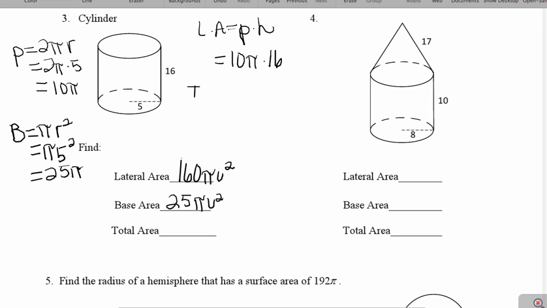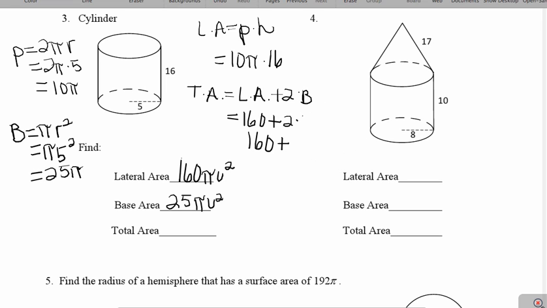To calculate the total surface area of this cylinder, since there are two bases, I need to make sure that I take that lateral area and add the area of two of the bases. So I have 160 plus 2 times the area of the base, which was 50, or 160 plus, oops, I made a mistake.